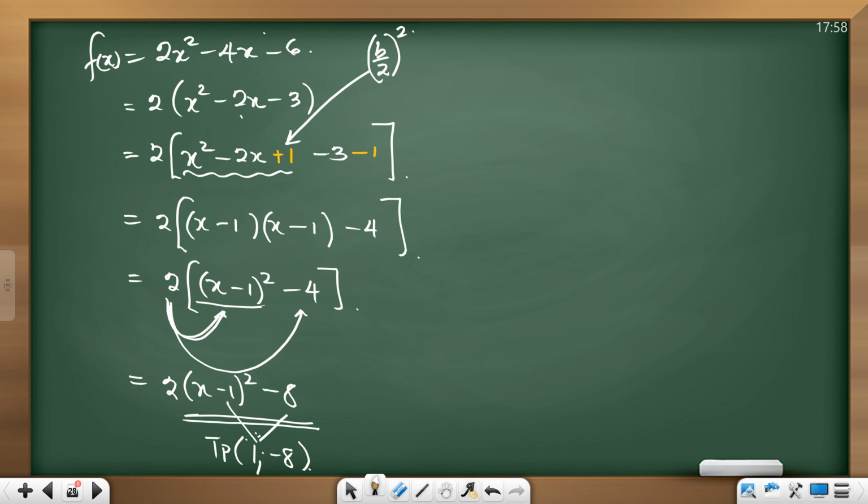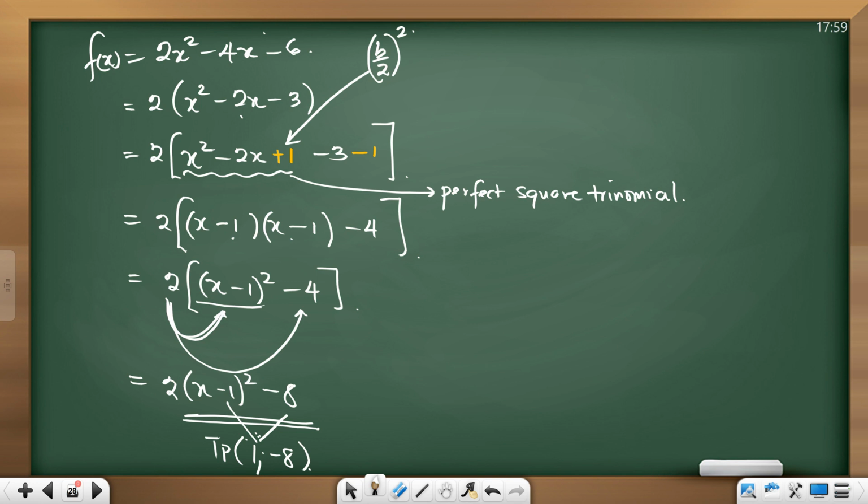So you add it and you remove it. Yes, you add it so that you can get what is called a perfect square trinomial. So that when you factorize, you're going to get the same brackets.